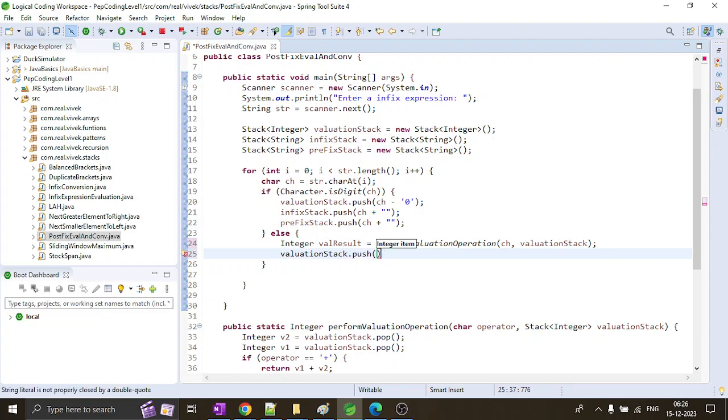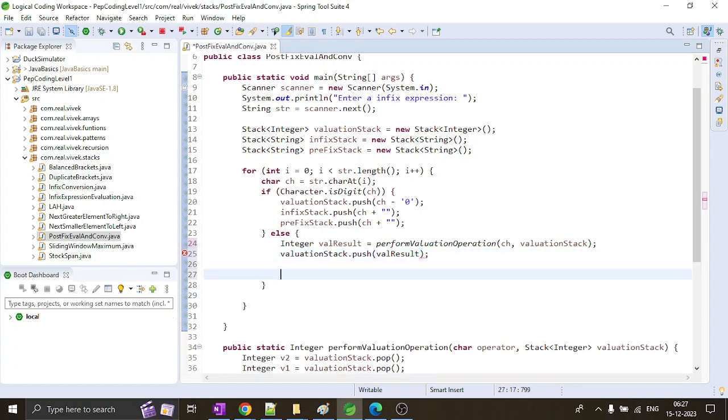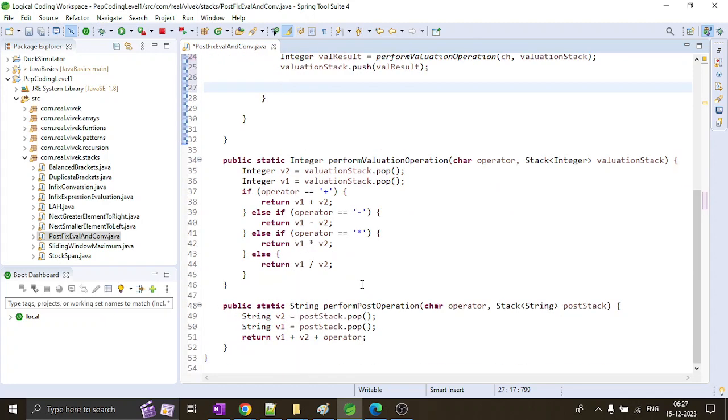What do we push? We push the val result. And we'll have similar operations for pre. So I deleted the pre, so let me copy paste it from the last question.